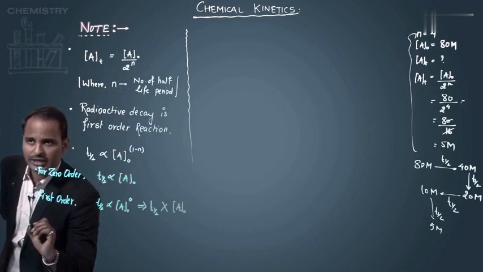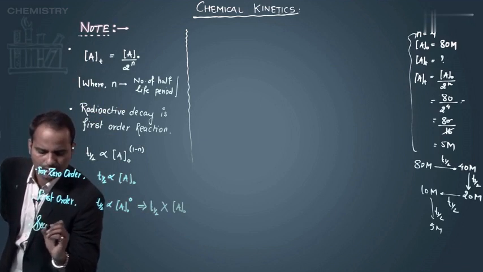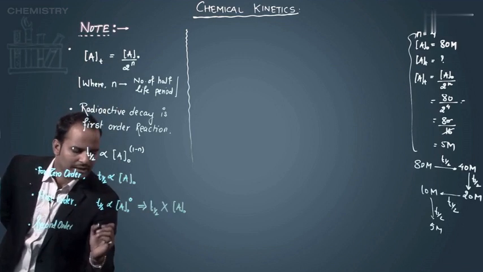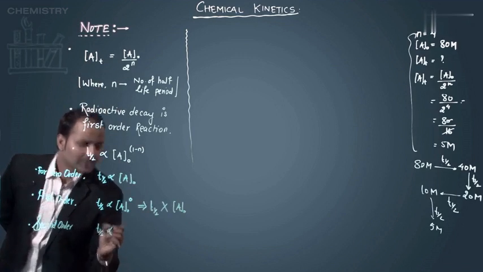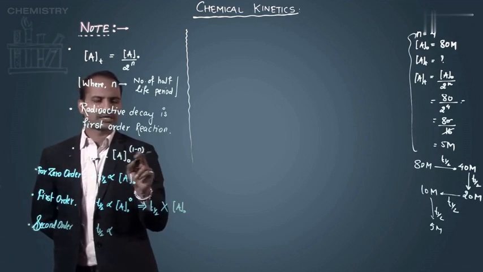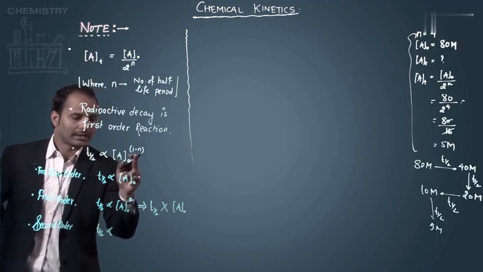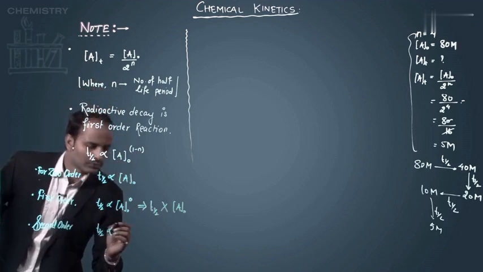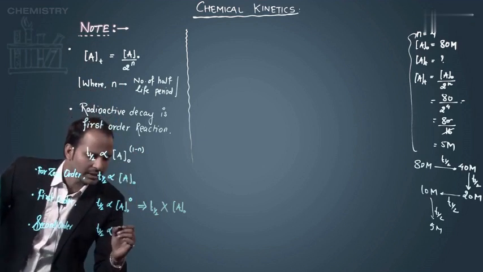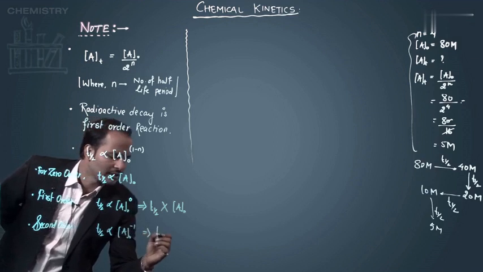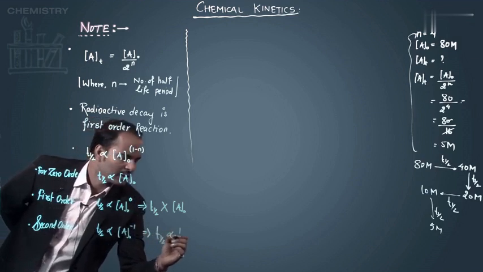If I'm writing for second order reaction, then T half is directly proportional to A0 raised to 1 minus n. Here n is the order of reaction, n is equal to 2. So 1 minus 2, that is A0 raised to minus 1, which can also be written as T half proportional to 1 upon A naught.